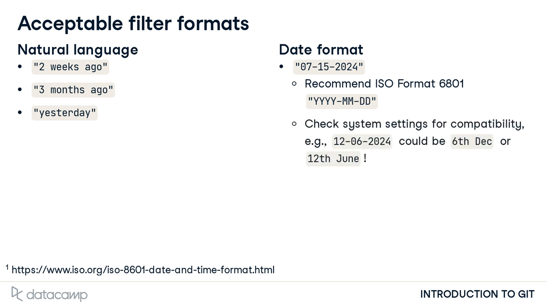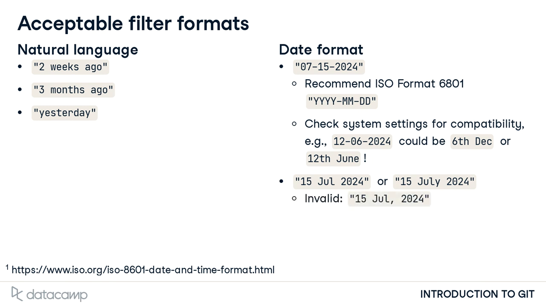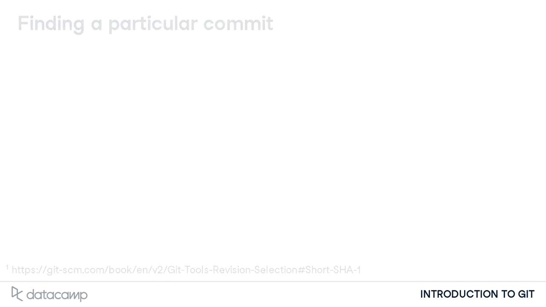We should also check our system settings to avoid unexpected results, such as 12/06/2024 being 6th December or 12th June. We can also provide month in written format, either abbreviated or in full, such as 15 July 2024. Note that we must not use other characters here, such as commas.